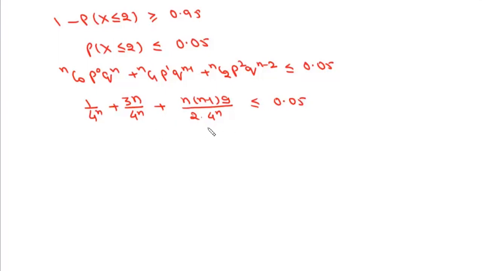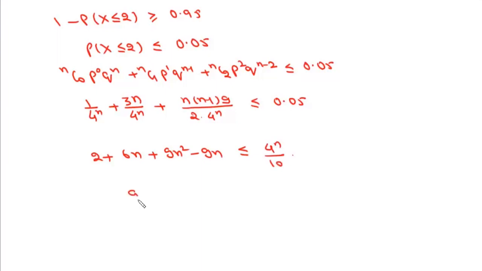Now if we take LCM, we can write 2 plus 6n plus 9n square minus 9n. It should be less than or equal to 4 to the power n divided by 10.